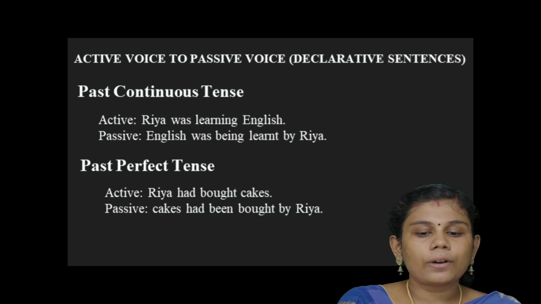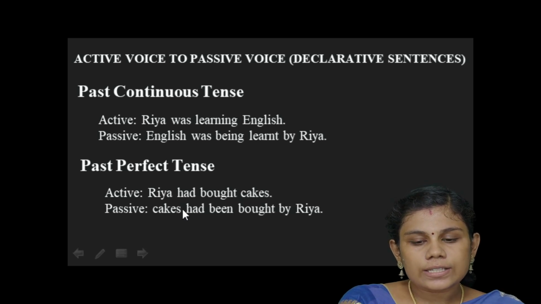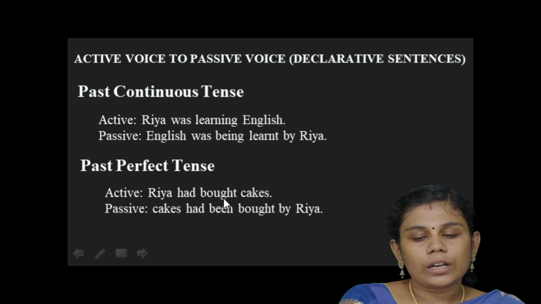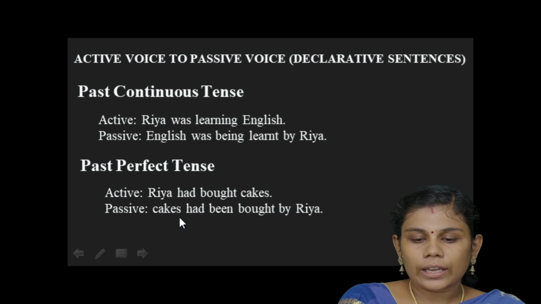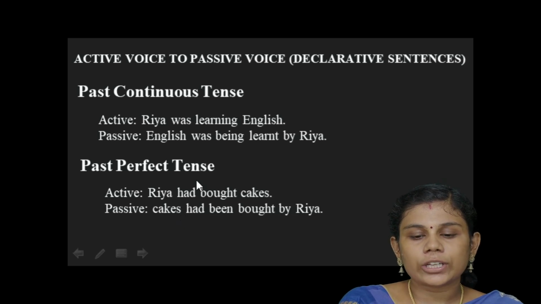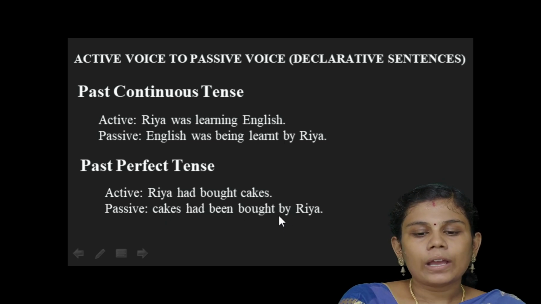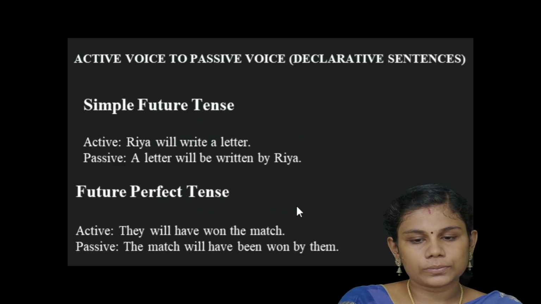Next one, past perfect tense: Ria had bought cakes. In this sentence, Ria is the subject, had bought is the verb, and cakes is the object. Here cakes comes first, and had bought should be changed into had been bought. By we have to add, because we are changing that into passive voice. So by Ria, because the subject should come into the position of the object.